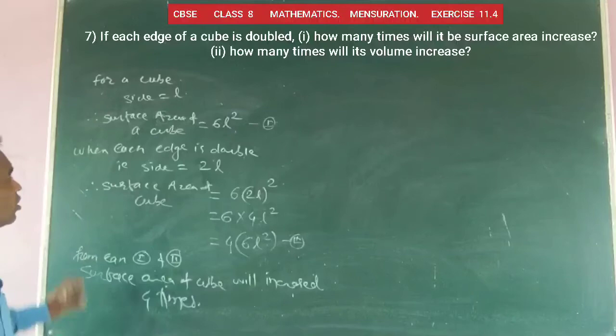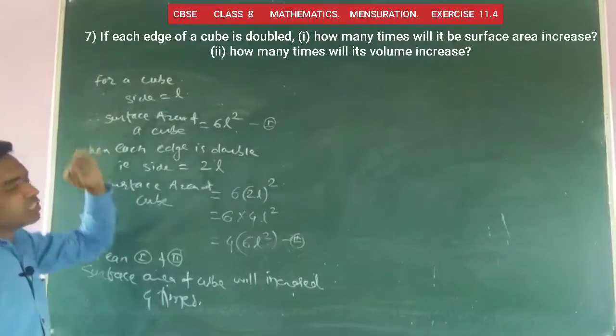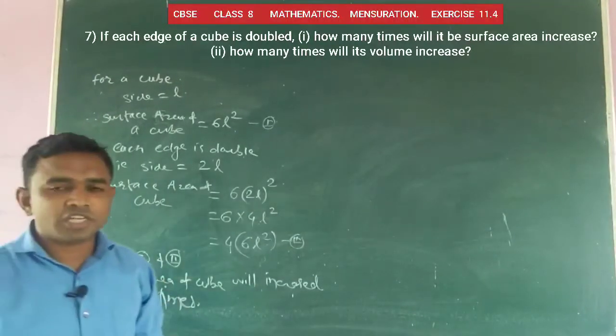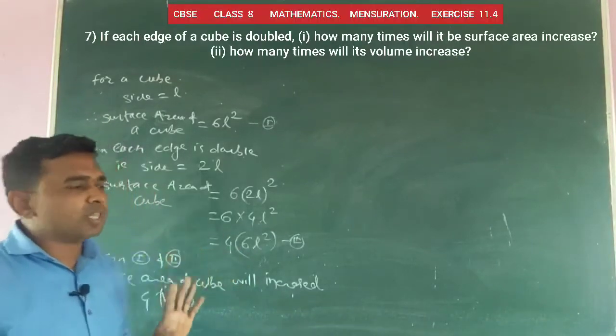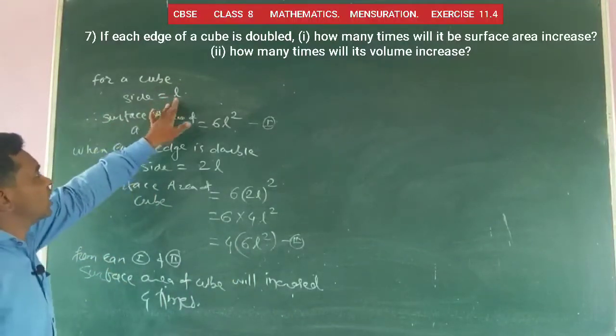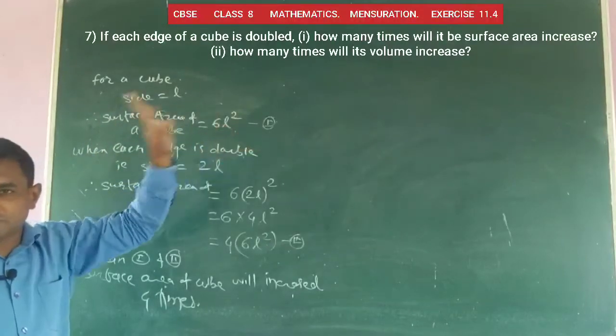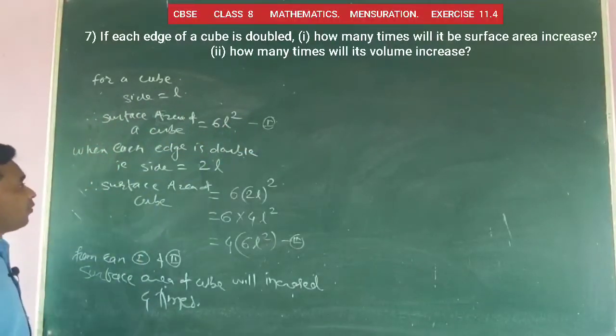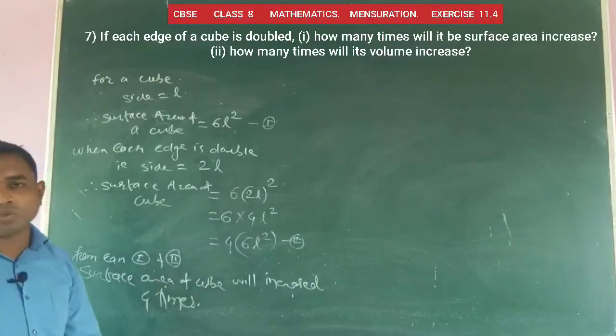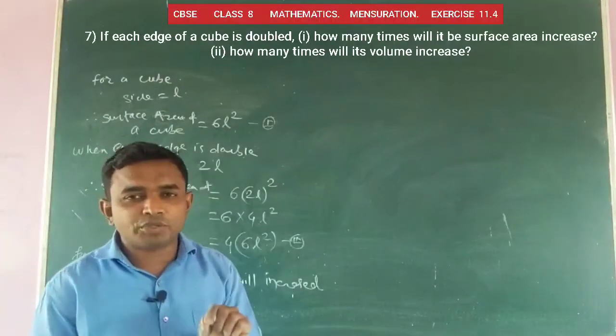Just concentrate here. The question is that if we consider the cube in the initial stage, there is no change, simply consider the side equal to L. At that time the surface area of a cube, its formula is 6L square, given as equation number 1. And for equation number 2, we just make the changes according to the question.